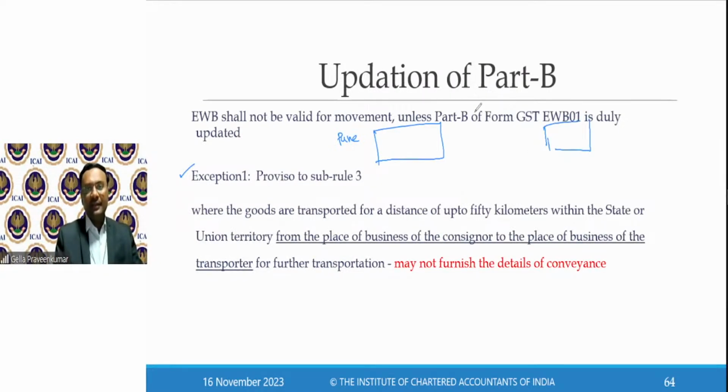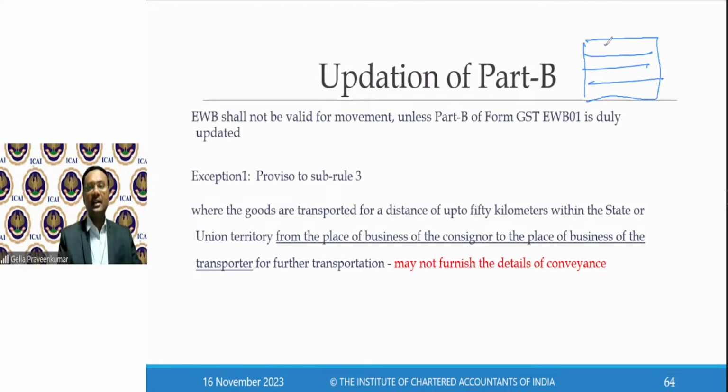I'll give a little more clear example. Assuming this is an industrial area where various businesses operate their factories. Now here, assuming this is a hub, I call this marketplace a hub of transporters.